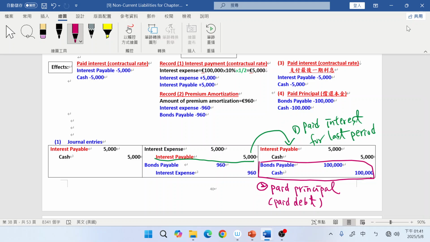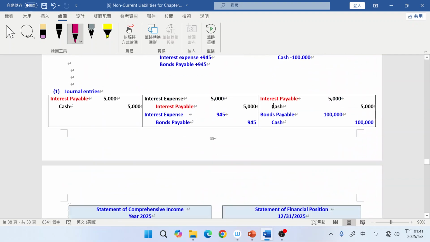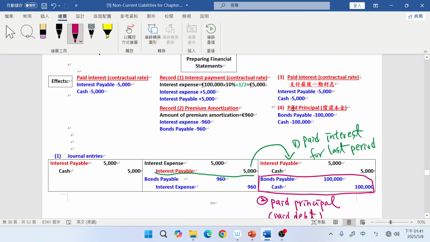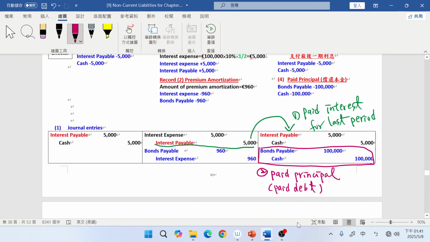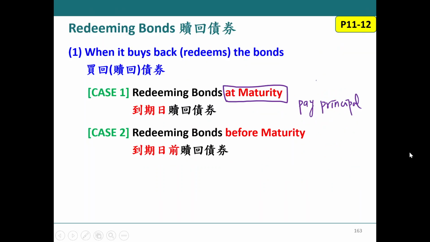It's on your note 40 and your note 35, we mentioned this already. So when you decide to pay the money back at the maturity date, remember you have to pay two money.